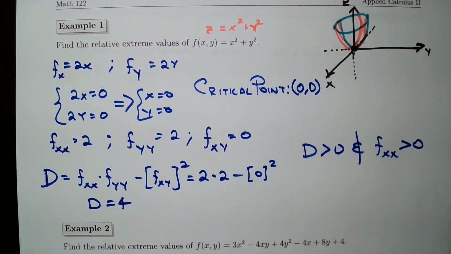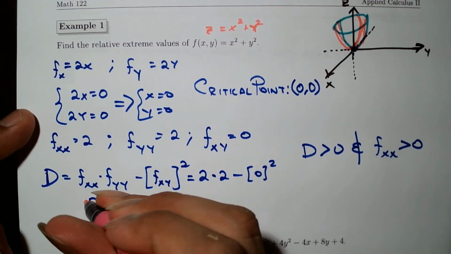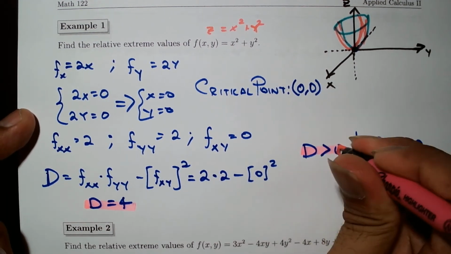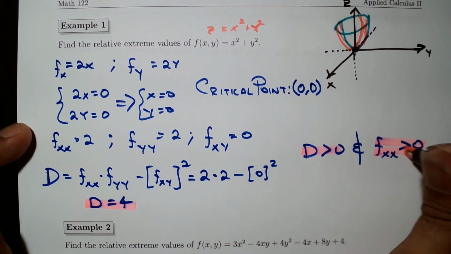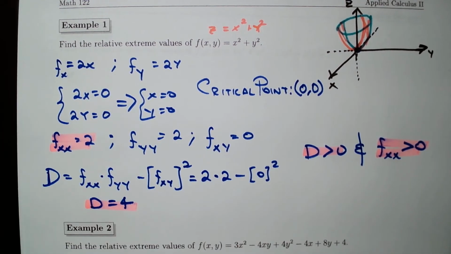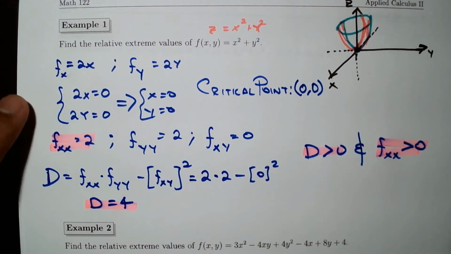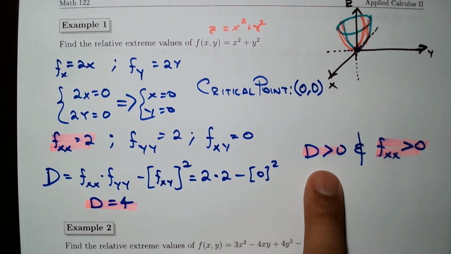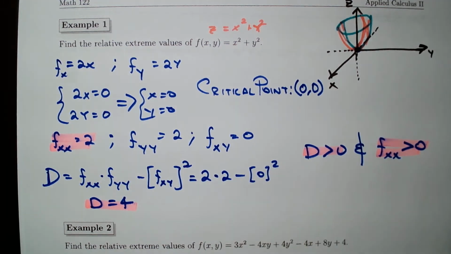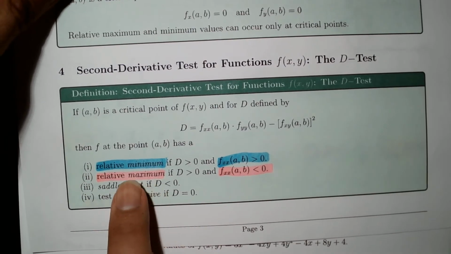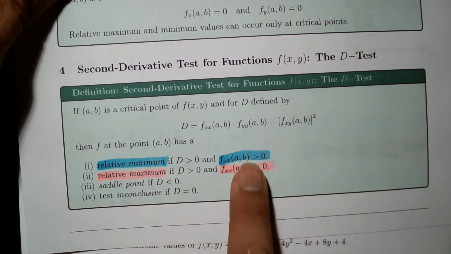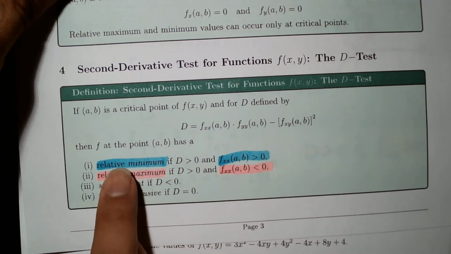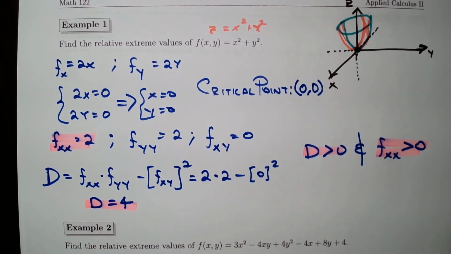We look at the sign of D and the sign of the second partial derivative with respect to x at the given critical point. Having these two conditions together, we conclude that D greater than 0 and second partial greater than 0 means a relative minimum.